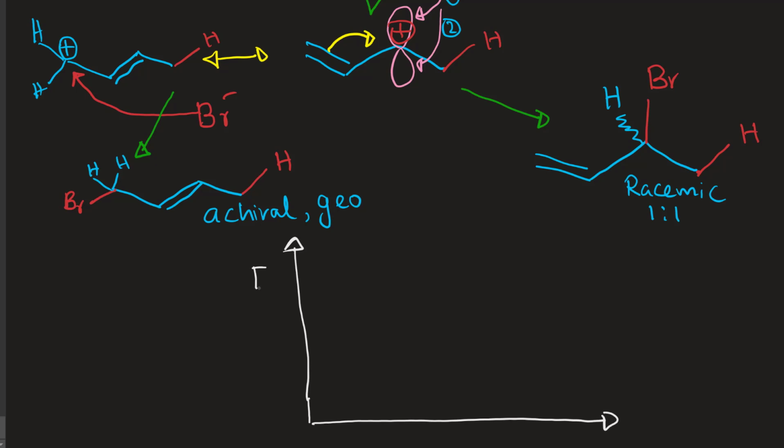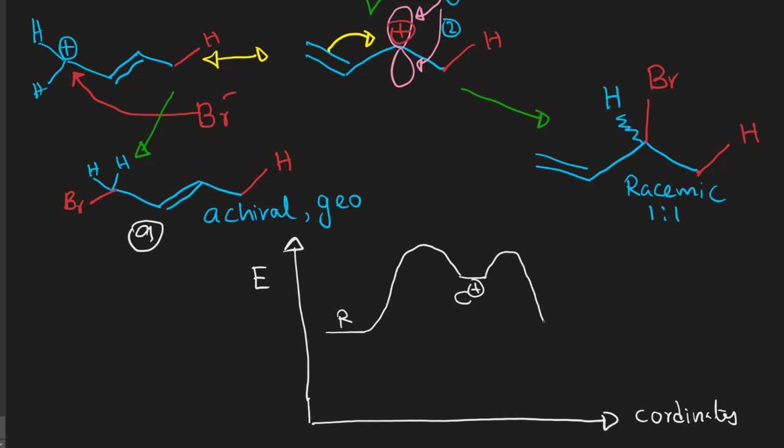So we can understand this in these 2 terms, the thermodynamic and the kinetic. If you graph energy versus the reaction coordinate, the bond angles and so on, we start with the same reactant and it goes through the first step, making the carbocation with a higher activation energy. Then the carbocation goes through 2 different paths, right?